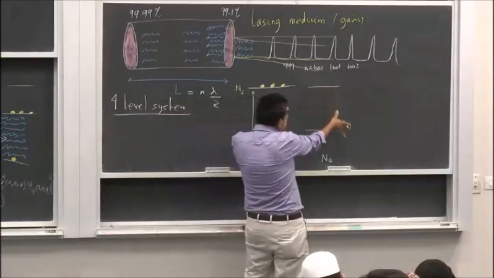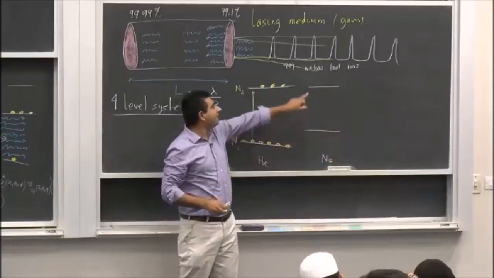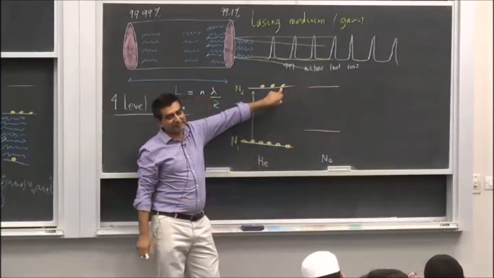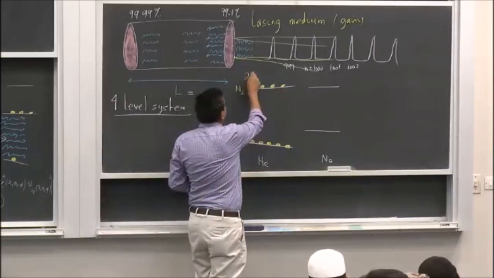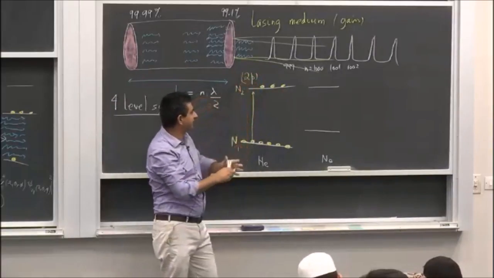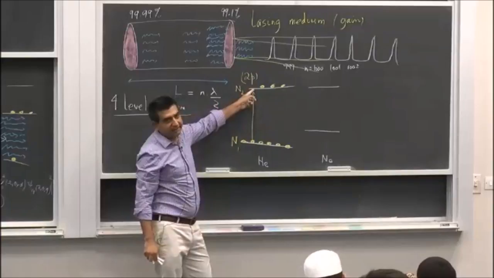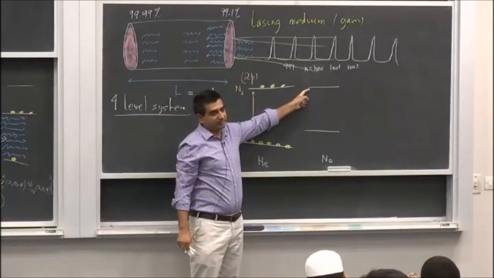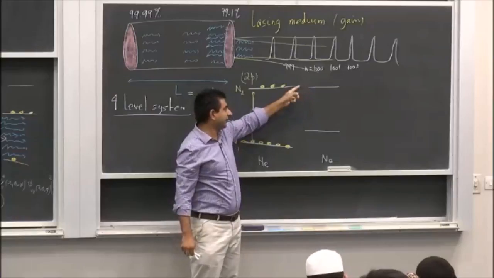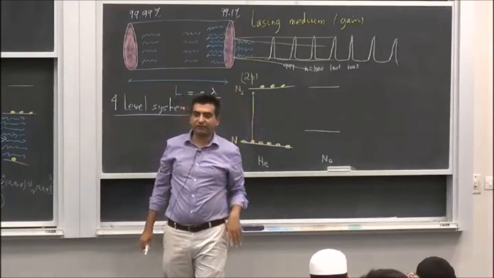Now a neon atom happens to have an energy level close to this excited energy level. This is, for the chemist, a 2p level. This energy level happens to coincide, very close in energy to this excited state of the helium.